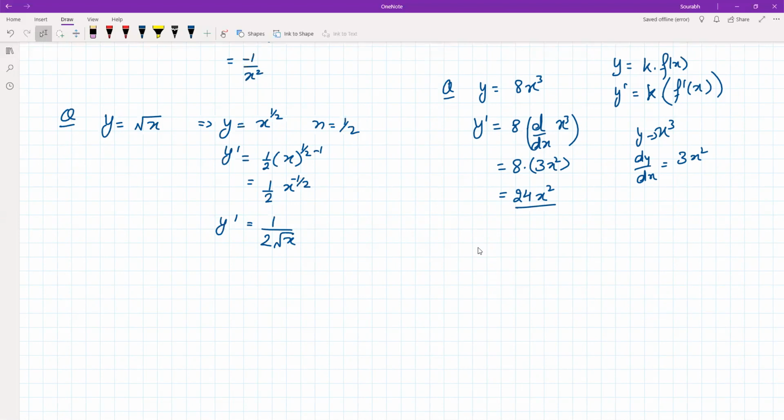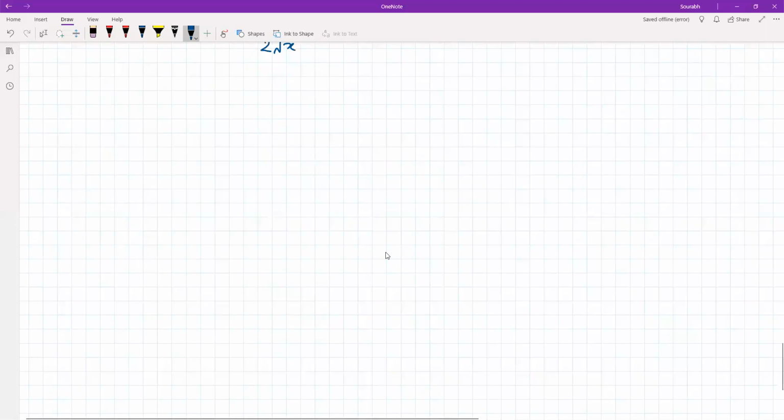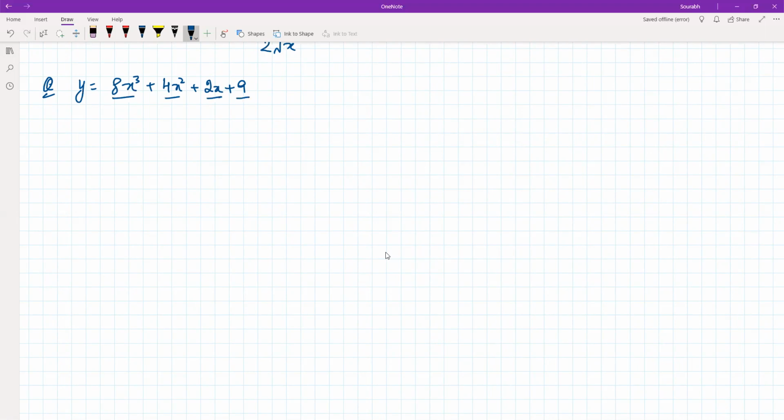Now coming to the last rule which we have seen, suppose y is given by 8x cube plus 4x square plus 2x plus 9. So this is actually one function, second function, third function, and fourth function, and they are added.